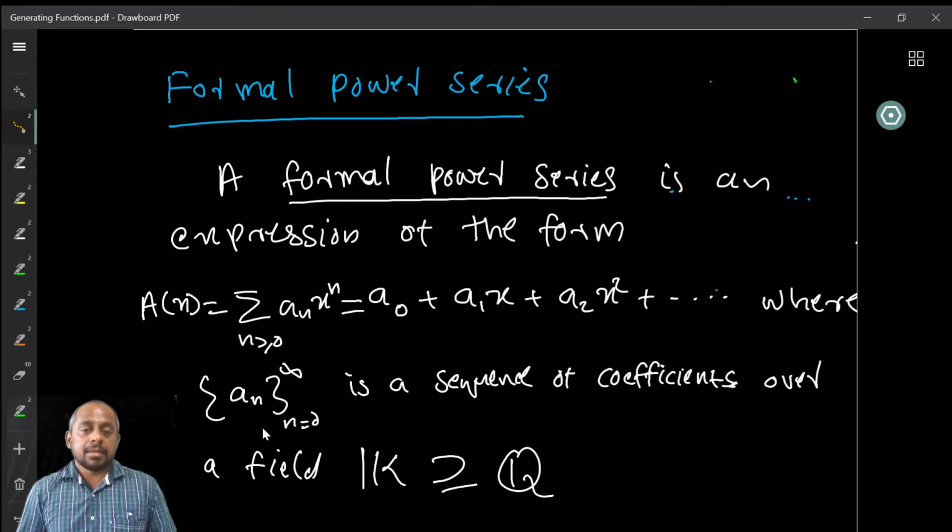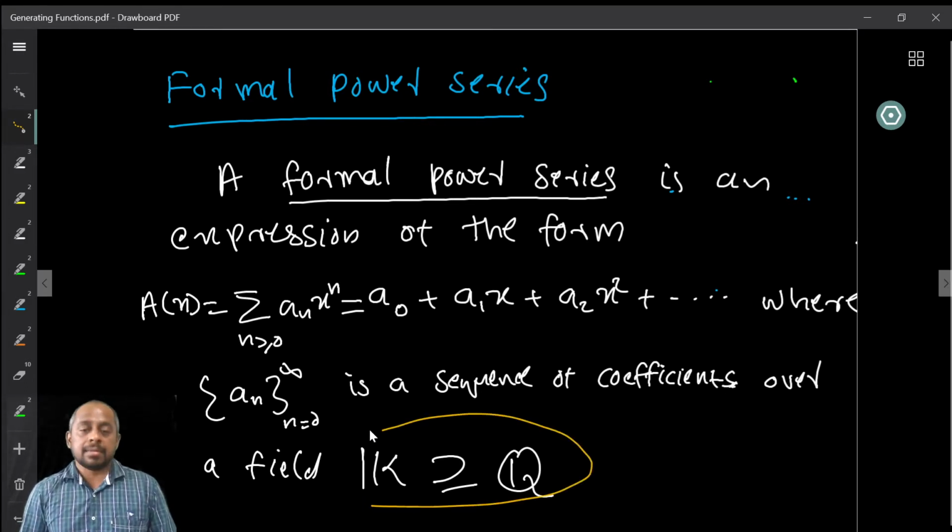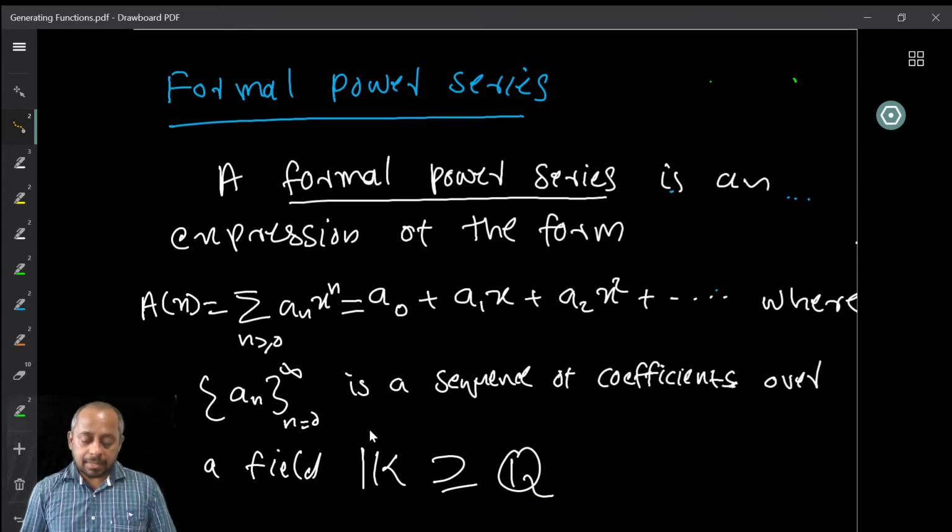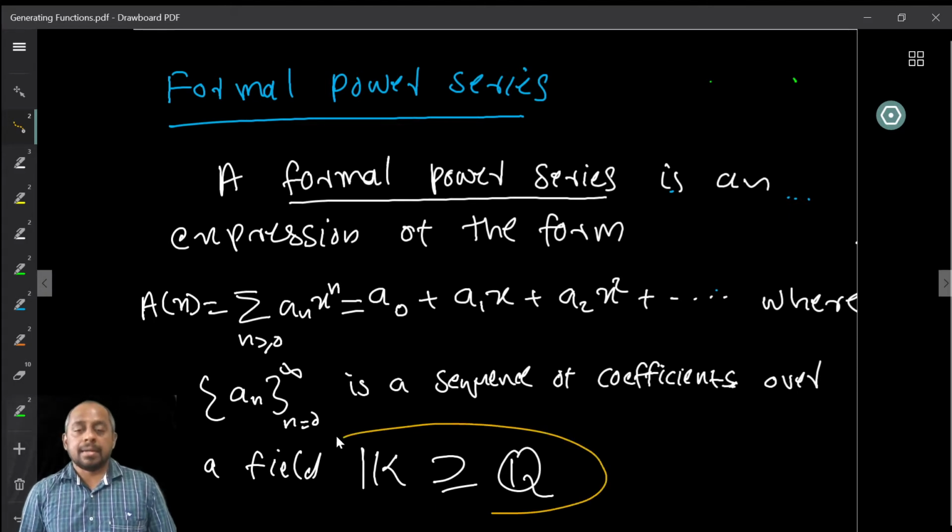We will assume that the sequence is over a field K, and for most practical purposes, we will assume that K contains the set of all rational numbers. So we'll assume that we are working with a field which contains the rational numbers.